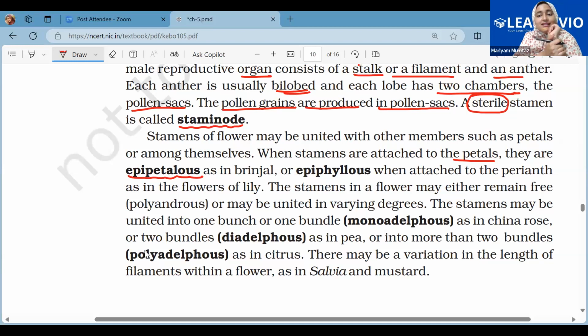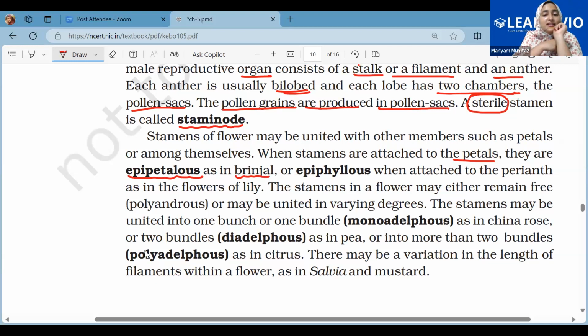So the stamens that are present on top of the petals, we call epipetalous stamens. This is found in brinjal. The brinjal plant has epipetalous stamens. In the case of lily, you cannot distinguish which is the sepal and which is the petal, right?